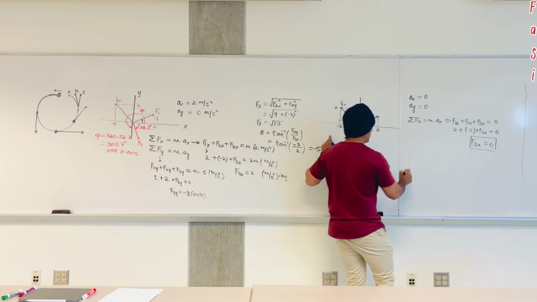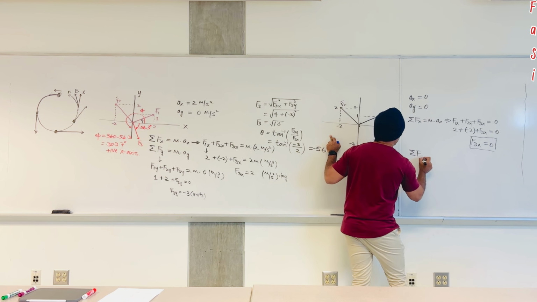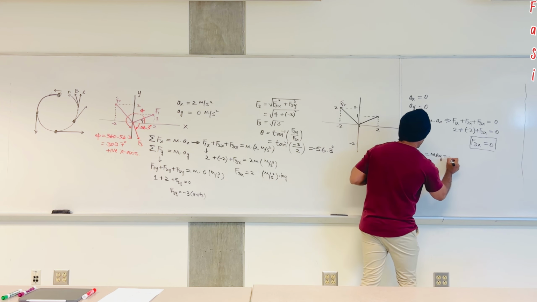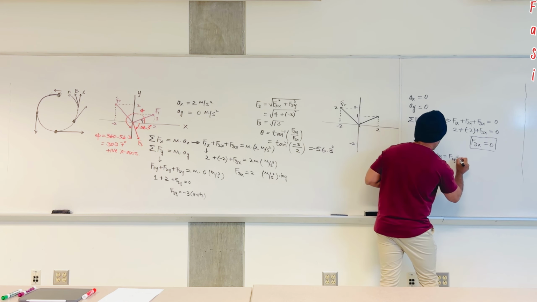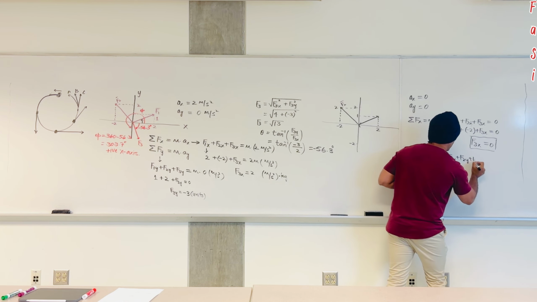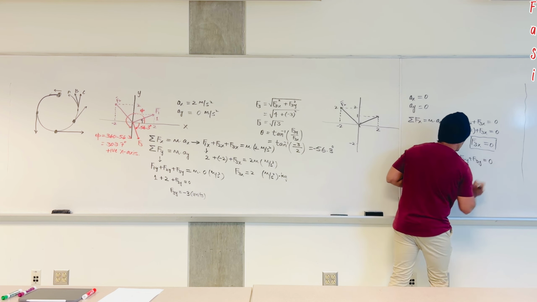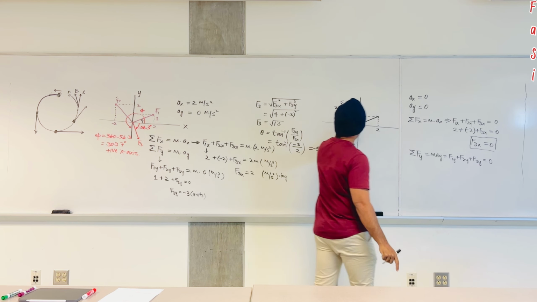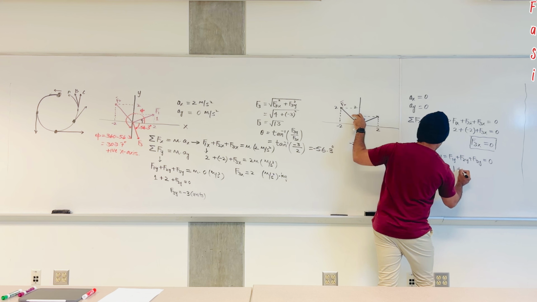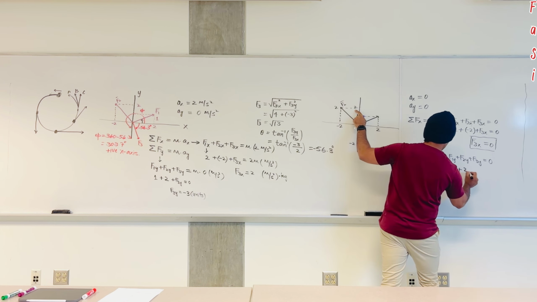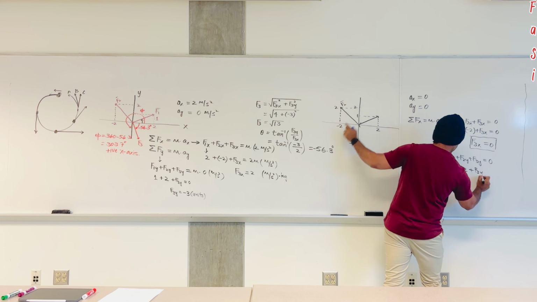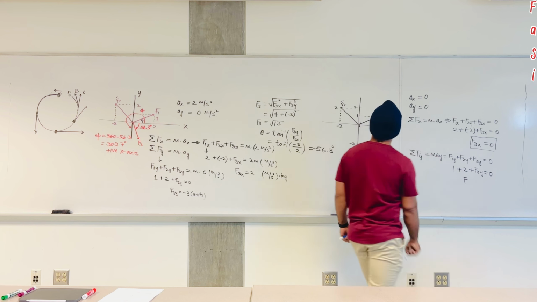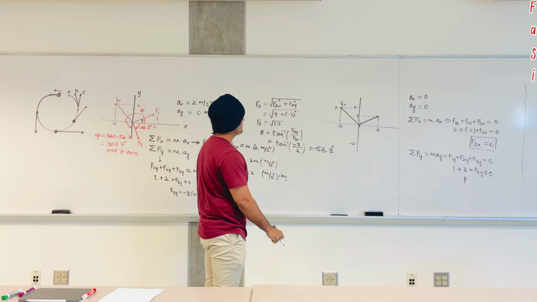Now we look for f3y. Summation Fy equals m times ay. This will be f1y plus f2y plus f3y equals 0 because acceleration along the y-axis is 0. f1y is 1 plus f2y is plus 2 plus f3y is the quantity that we need, and so from here we get, am I missing something?